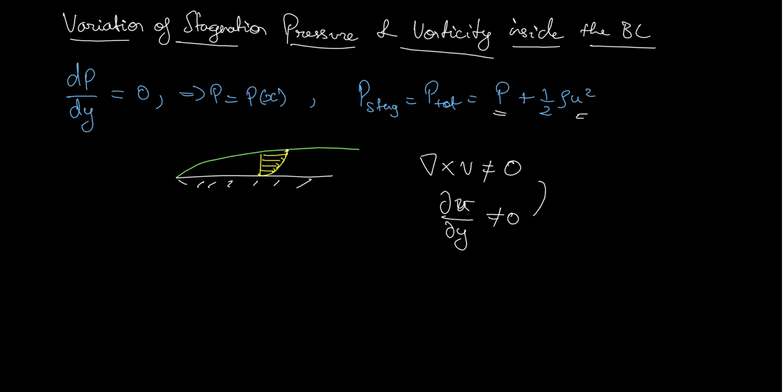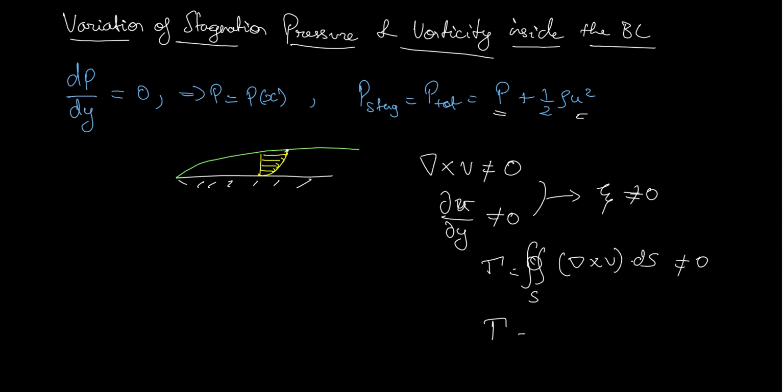And from these two equations, I can say that my vorticity, which is xi, is non-zero, and so is the circulation, which is given by the surface integral of del cross v dot ds over any enclosed surface ds, also non-zero. I can also write the circulation as a line integral along a closed contour given by v dot dl, which is also non-zero. So I can take the contour which probably looks like this, this blue contour, and I can integrate it, and I can show that this is a finite value and it's not 0.